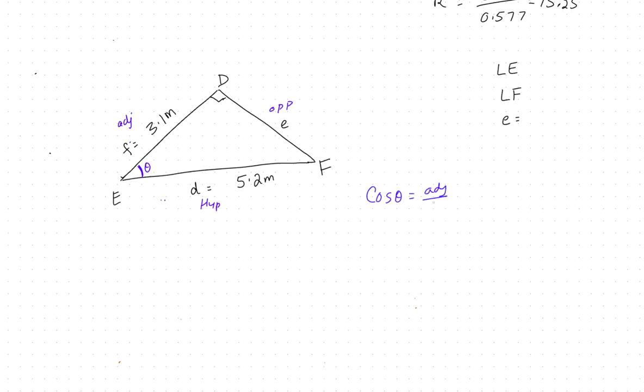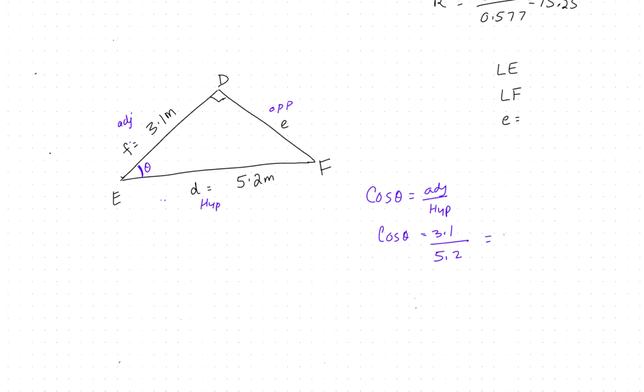So cos theta equals adjacent is 3.1 and hypotenuse is 5.2. That comes to 3.1 divided by 5.2. It comes to 0.596.